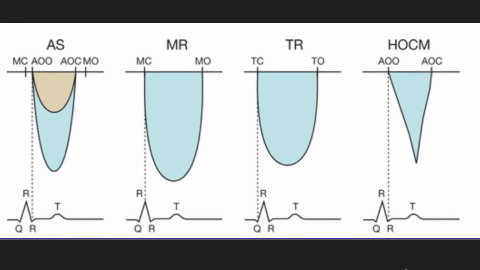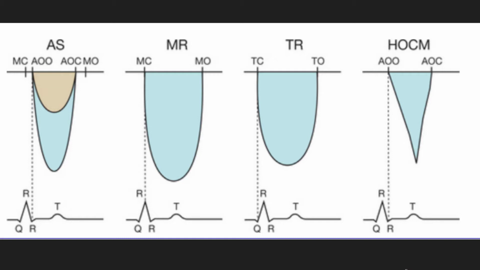An aortic stenosis and a dynamic left ventricular outflow tract jet will be seen only during the ejection phase of systole, whereas mitral regurgitation and tricuspid jets can be seen throughout systole, pansystolic, even during the isovolumic contraction parts.